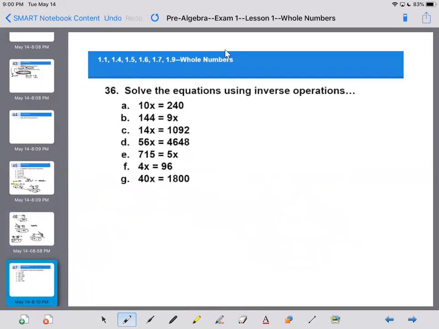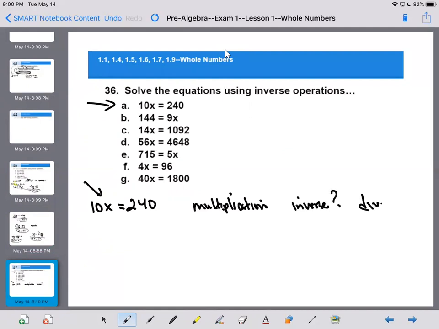Then we also have solving using inverse operations when we notice there's multiplication here. So we've got 10x equals 240. So this operation here shows multiplication. What's the inverse? That's what you're asking yourself. It's division.